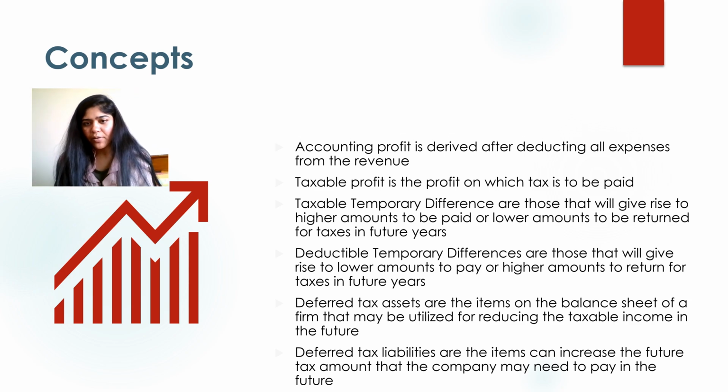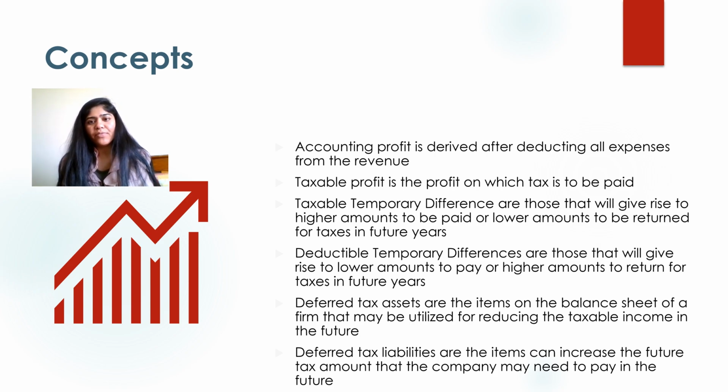So let's start with the concepts for my presentation, beginning with accounting profit. Accounting profit is derived after deducting all expenses from the revenue. Taxable profit is the profit on which tax is to be paid.